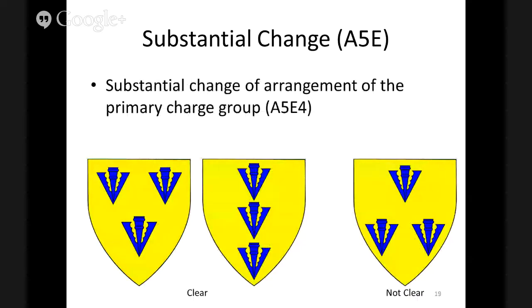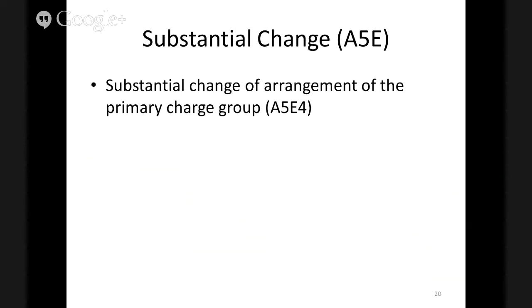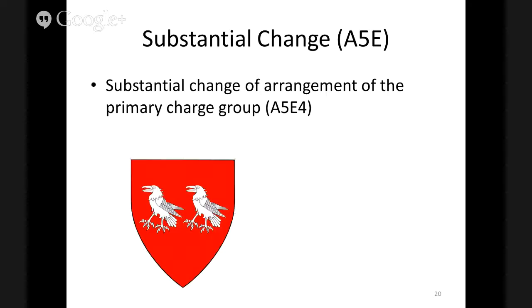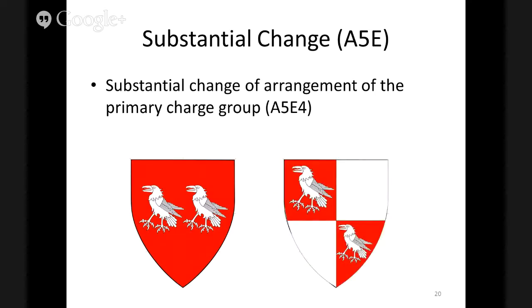So that one is not clear of either of those by substantial change. The left one versus the right one doesn't get a substantial change. The middle one versus the right one doesn't get a change because 1 and 2 is not on our magic list. Substantial change of arrangement. Okay.